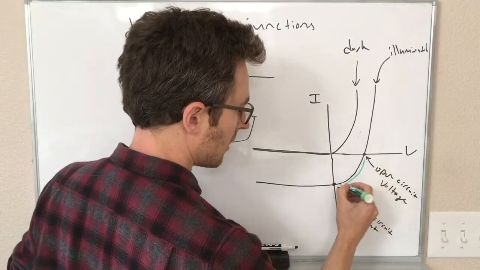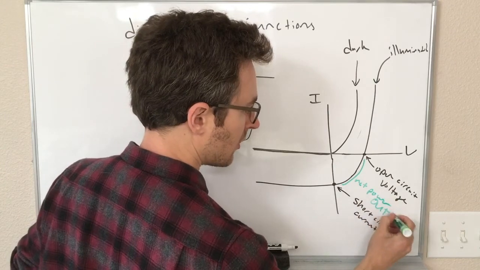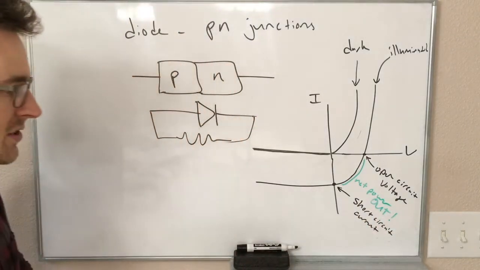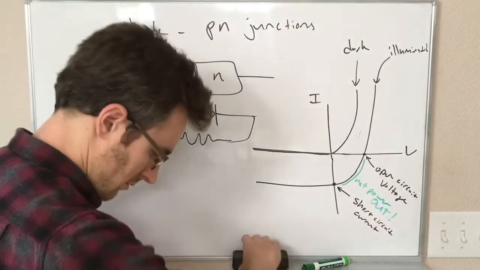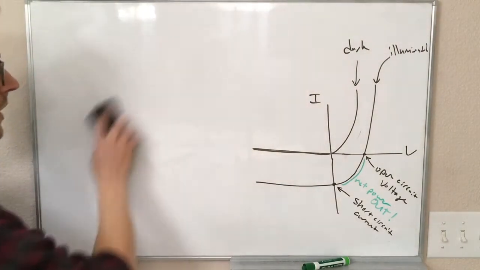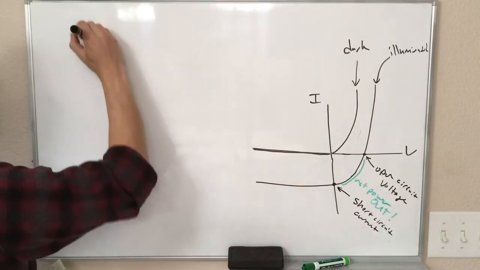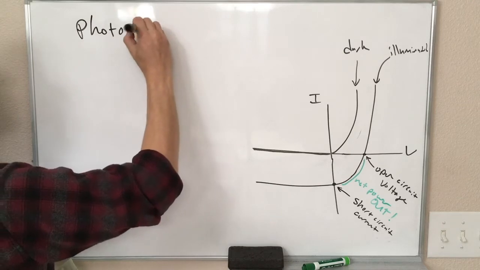So it points all along here. We have net power out of our diode. So this is how a photovoltaic cell works. This is the basis of photovoltaics.